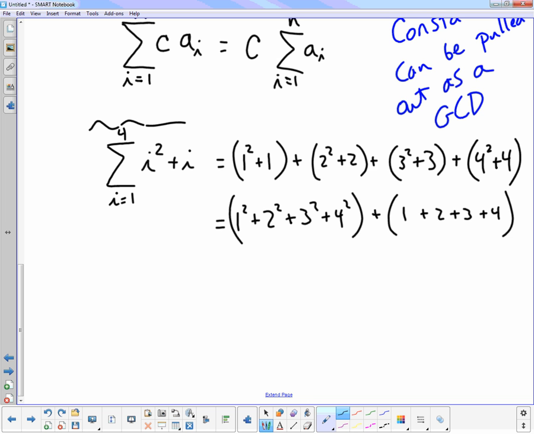Okay, so I can just regroup, and if I look at my first term, I can write a sigma notation for him. And this guy, I can write a sigma notation for him too. So in general, if I have added things in my sigma notation, I can split it up.